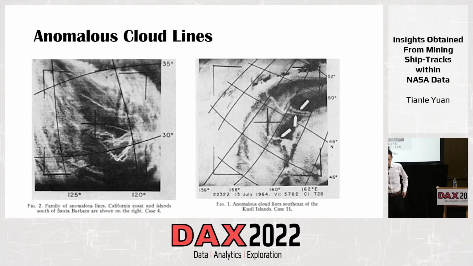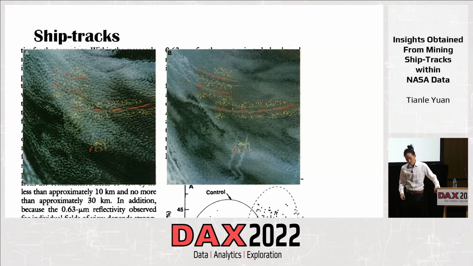You can imagine military ships maneuvering and hiding, and the other side trying to detect them. Normally underneath the cloud you couldn't see them, but with this kind of feature you can infer some ships are underneath the cloud. But it turns out it's not that useful, because not all clouds produce ship tracks. What they are used for is to study cloud physics and climate.